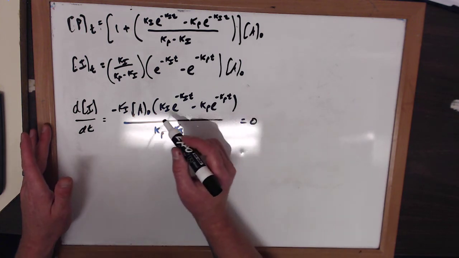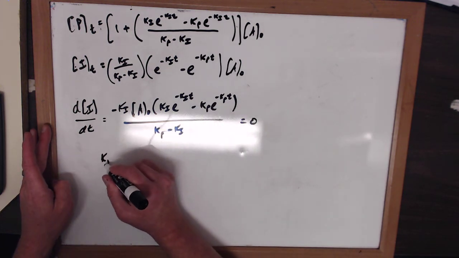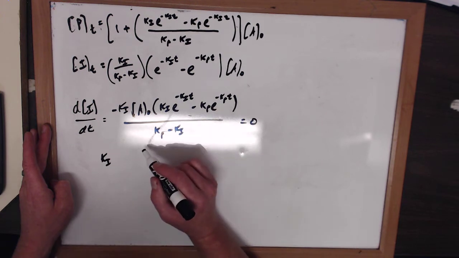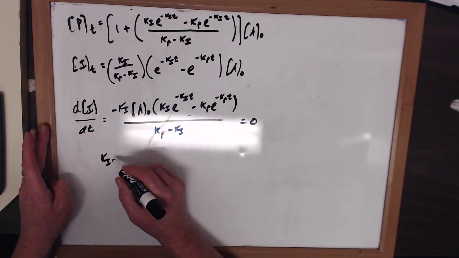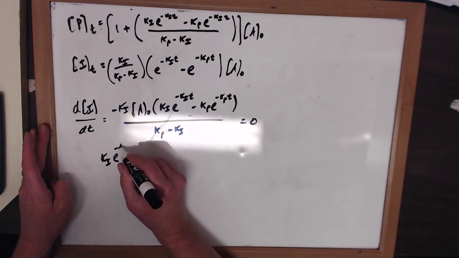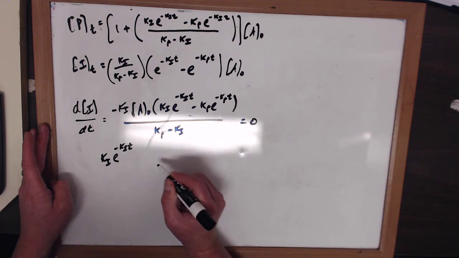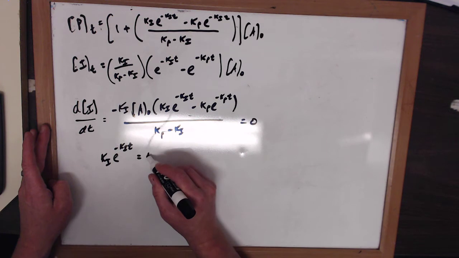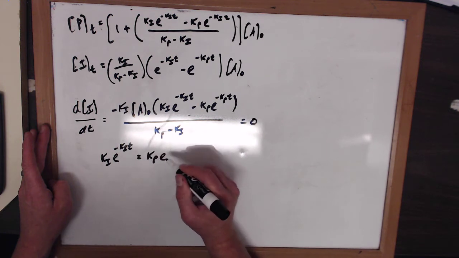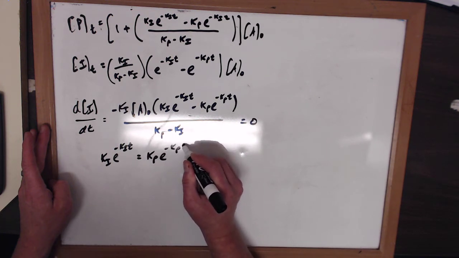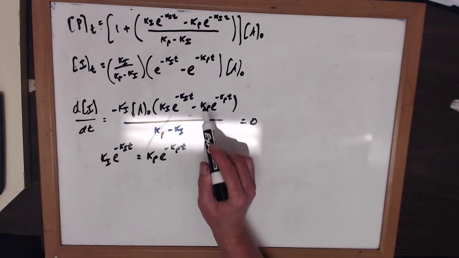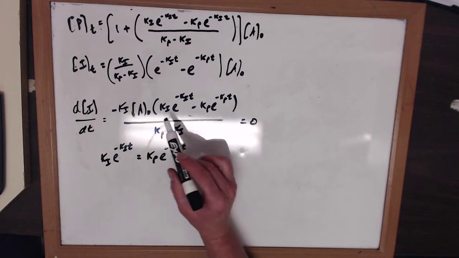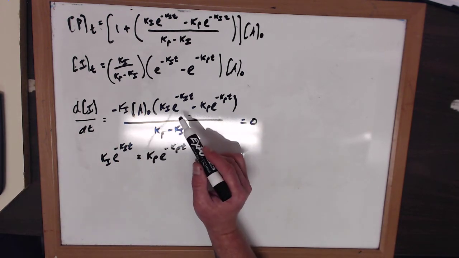That can just be accomplished by saying when this chunk of the equation equals 0, so that's when Ki e to the minus Ki times t equals Kp e to the minus Kp times t, then of course this will equal 0, which will in turn make the whole expression equal to 0.